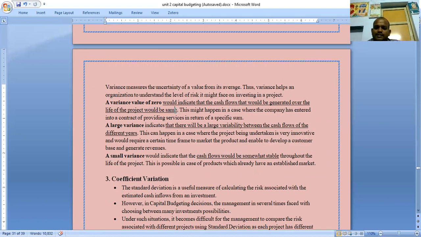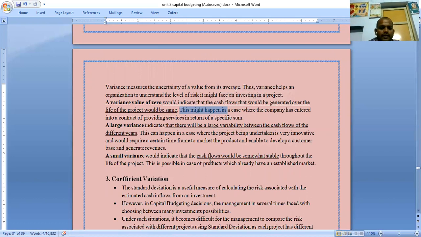Is there such a kind of situation? Yes, this might happen in a case where the company has entered into a contract of providing services. In such a case, obviously they will get the return by providing services. These are on payment services already entered into a contract.